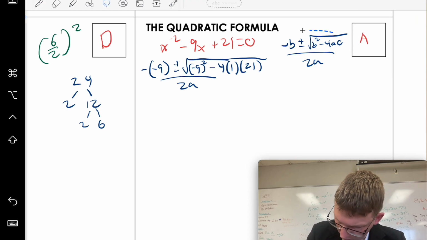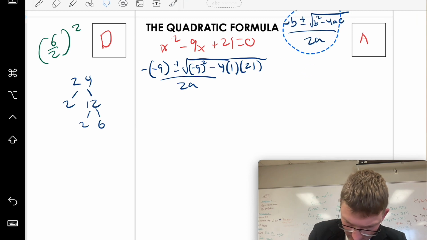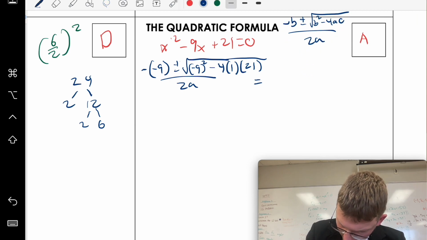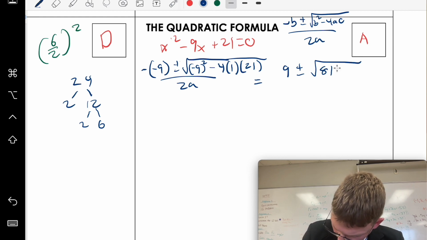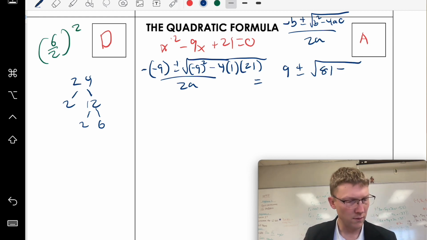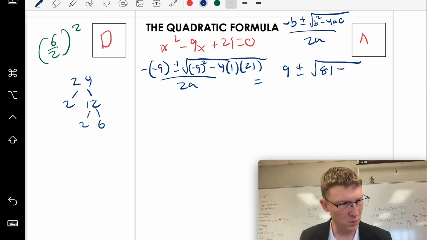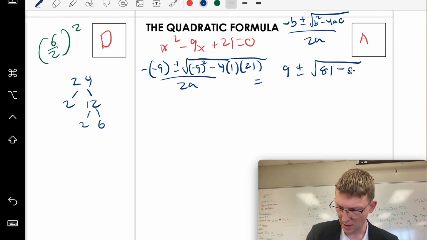Oh, let's see. Let's move this guy out of the way. So that's going to equal just a regular 9 because a negative of negative, plus or minus square root of 81 minus 4 times 21, 84, all over a was 1, all over 2.